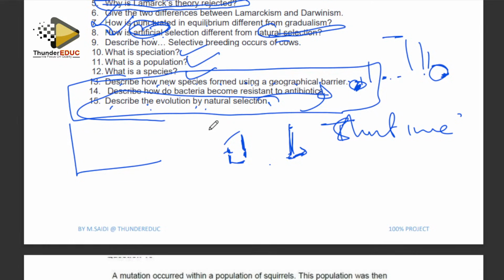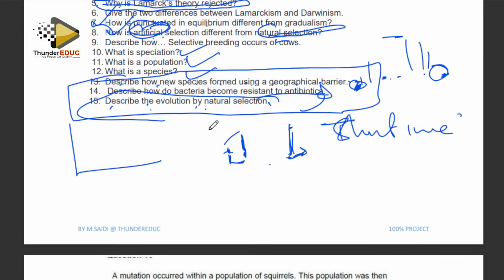Those with stripes are able to camouflage. They are able to hide in the grass, so they are able to catch the prey. They survived, meaning that they have a favorable characteristic. So don't just say it has a favorable characteristic and not mention it, because that becomes a problem.